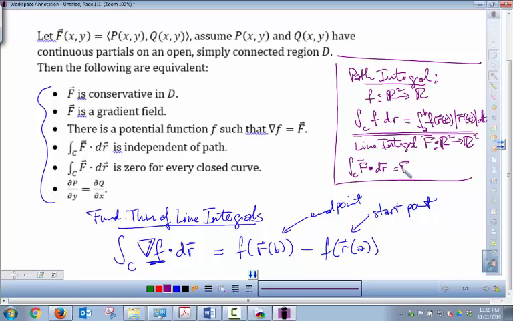And so this is going to be the integral from a to b of F of r of t, and you have to dot it with the derivative component, dt. So if you can continue to remind yourself of the difference between a path integral and a line integral, that would be good.